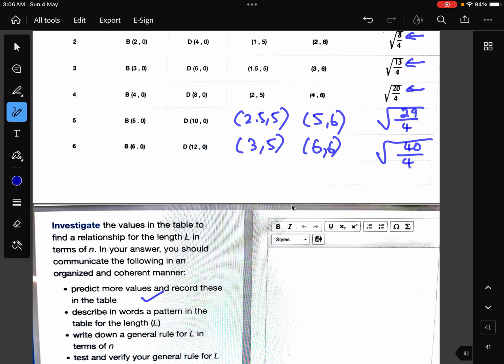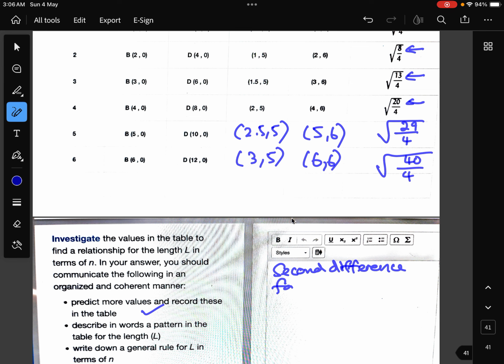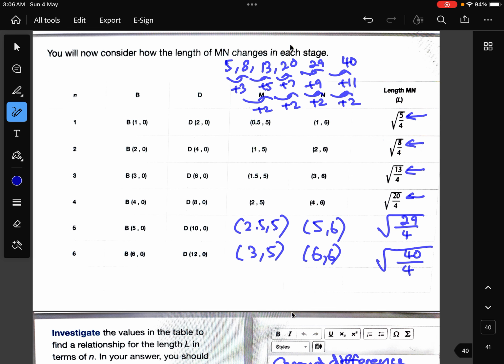So I'm going to say that the second difference for the numerator is going to be 2. I think I just talked about why the second difference is always going to be 2.